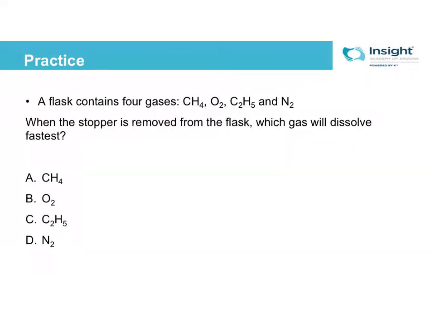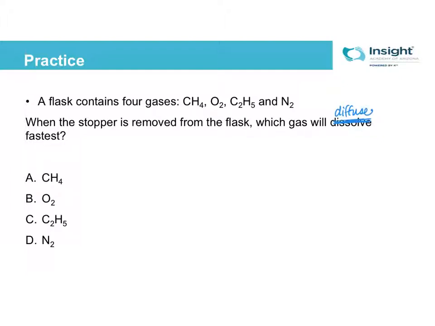For example, a flask contains 4 gases, CH4, O2, C2H5, and N2. When the stopper is removed from the flask, which gas will diffuse the fastest?